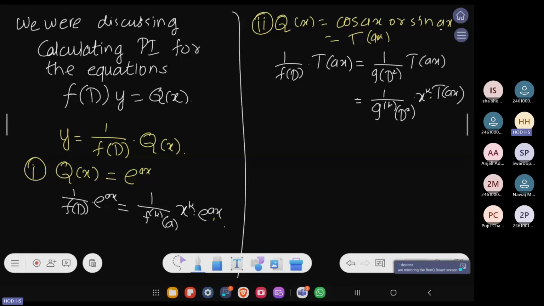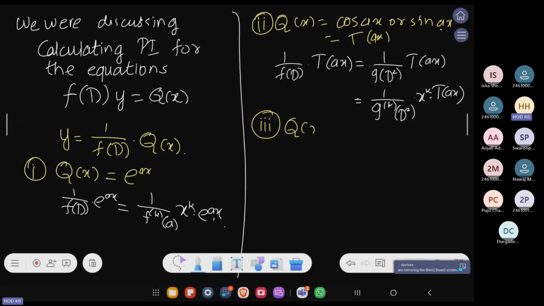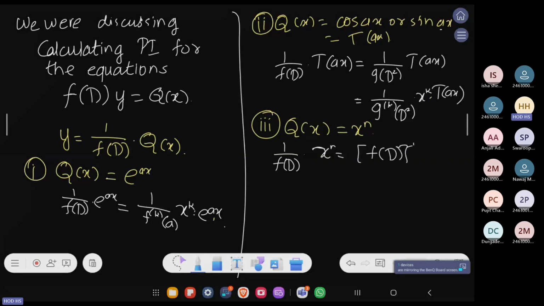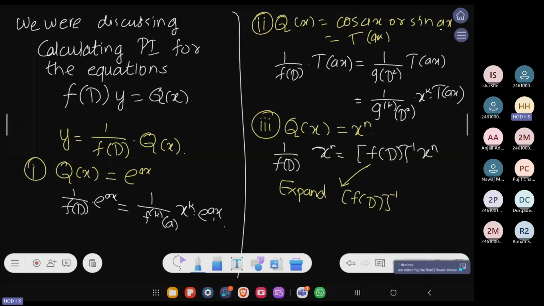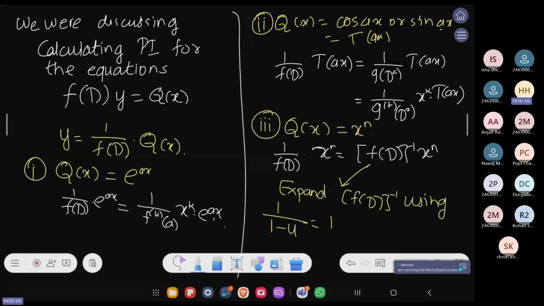And the last thing that we will discuss is when q of x was some monomial x power n. In that case, 1 upon f of D into this x power n was written as f of D inverse of x power n, where we expand f of D inverse using the following formula: 1 upon 1 minus u as 1 plus u plus u square plus u cube and so on.